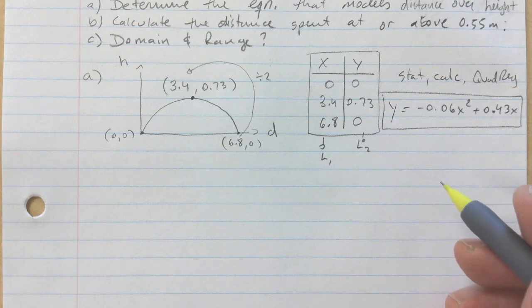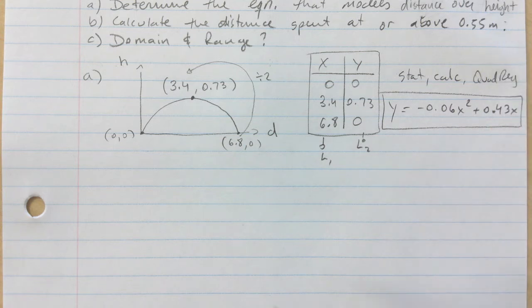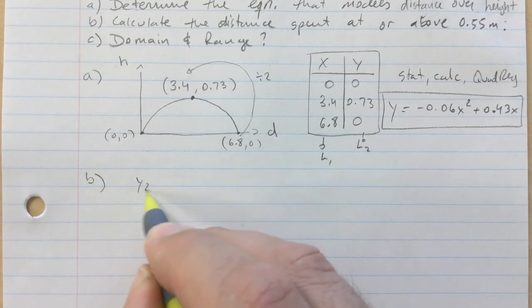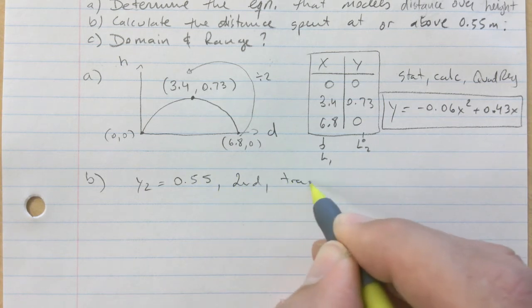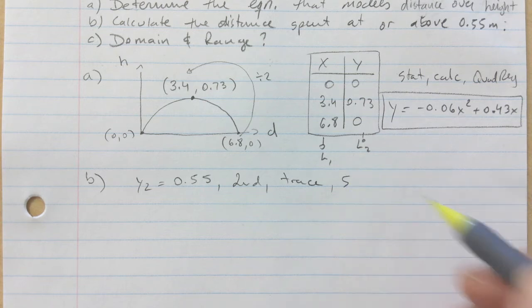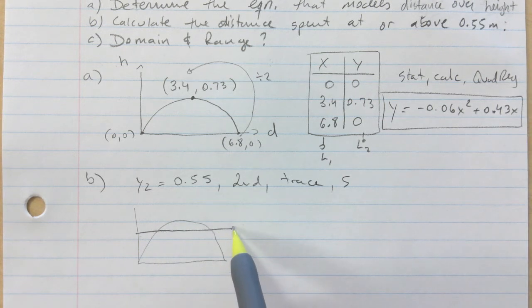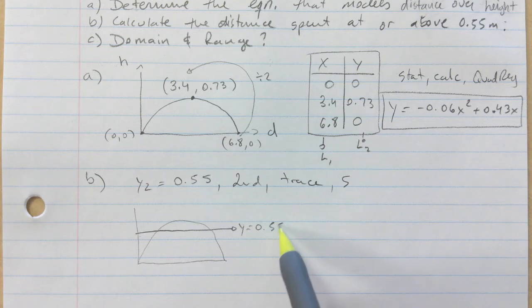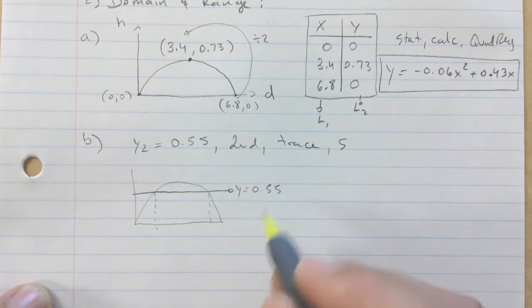And now it's asking me to determine the distance spent at or above 0.55, right? So I'm going to make y2 equal 0.55. I'm going to go ahead and find those two instances, right? So I will just make a little sketch here again. So this is the 0.55 line. There are two x values that I'm interested in, because when I subtract those, I'm going to get the distance spent at or above this height.